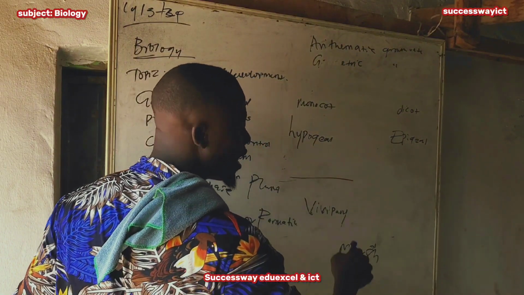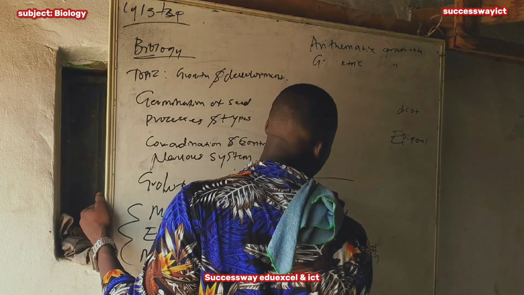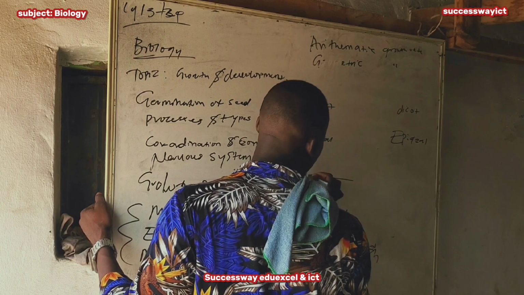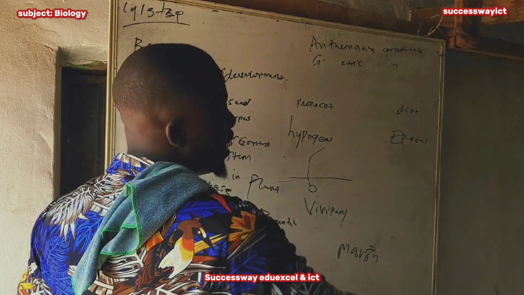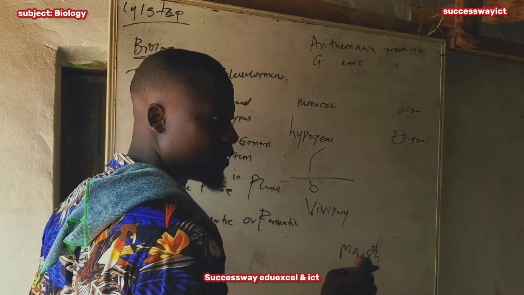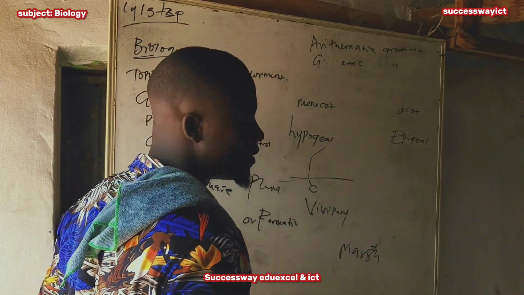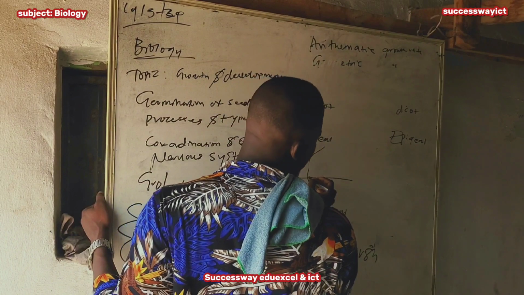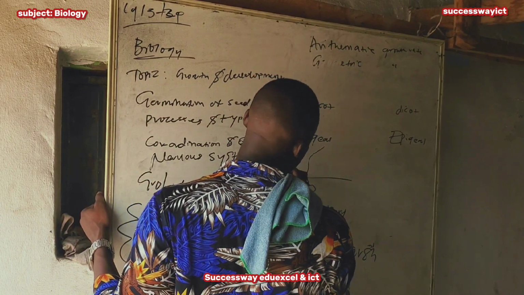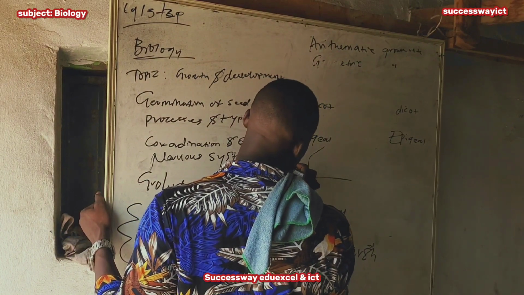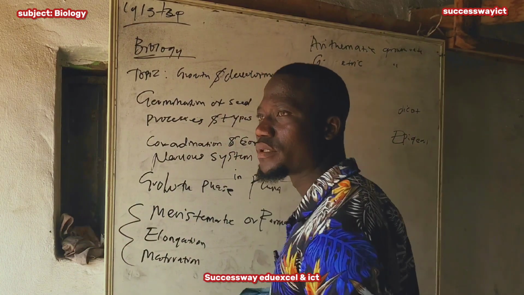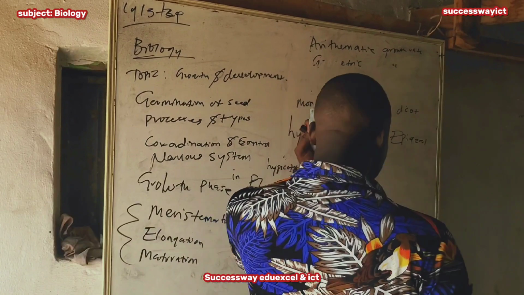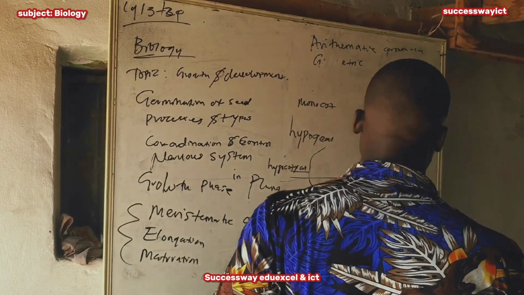Once you till the soil and bury, the maize brings out cotyledon into the topsoil. Are we together? To form this part is called hypocotyl. This is hypogeal germination.